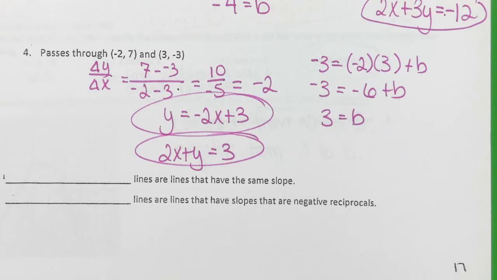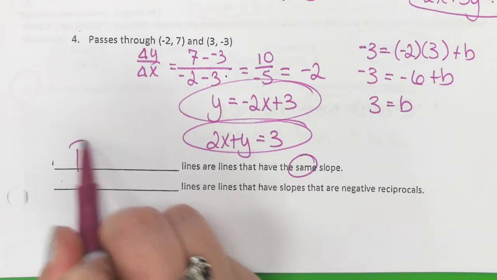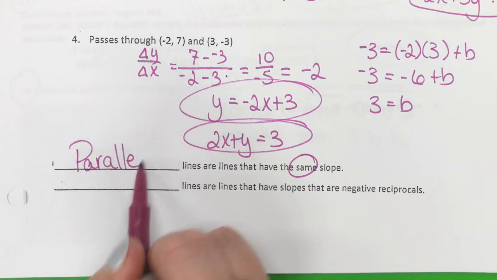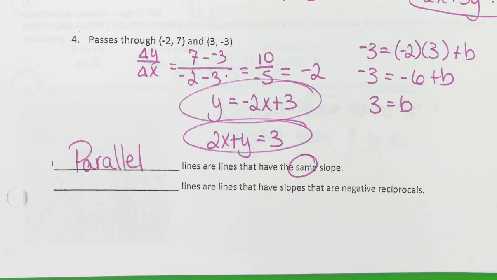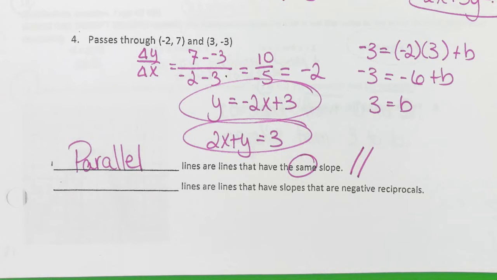All right, last thing. Down here at the bottom, what kind of lines are lines that have the same slope? Those are parallel lines. Anybody remember what the symbol for parallel was? I slant mine to the side, but you don't have to. It's the same thing.